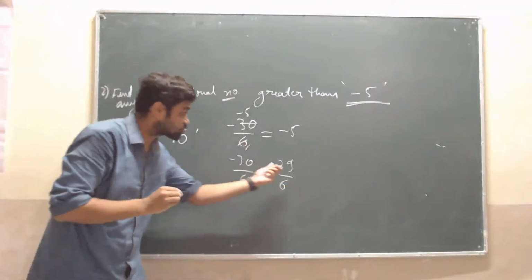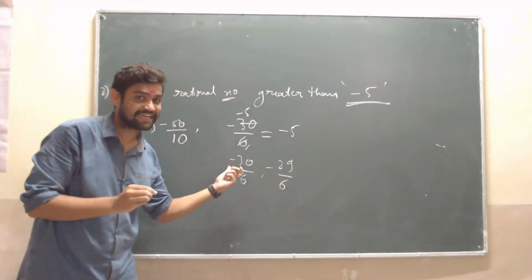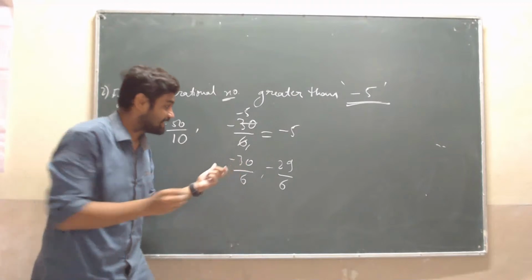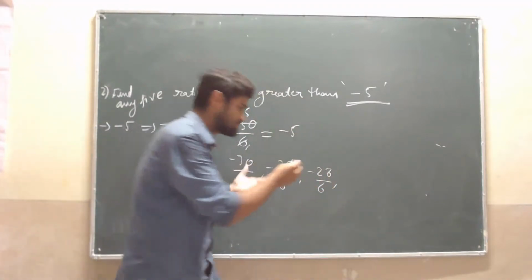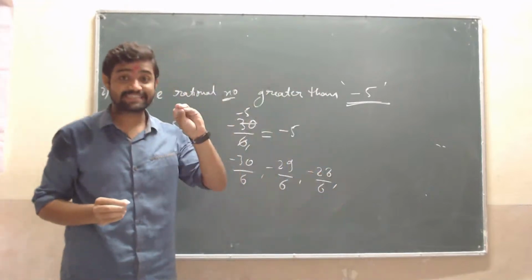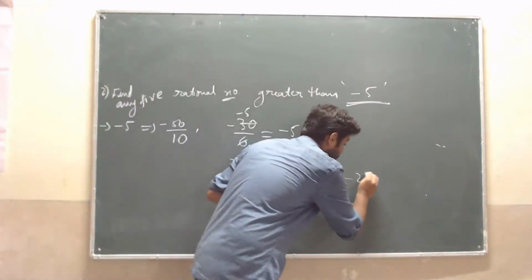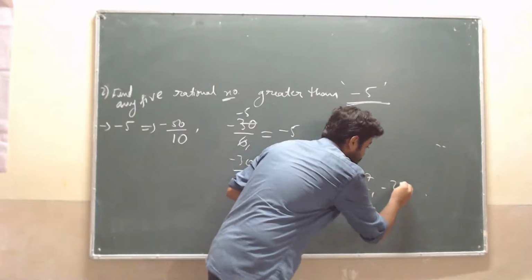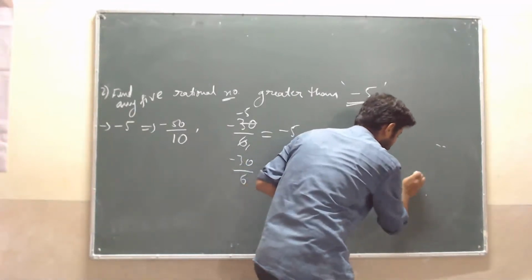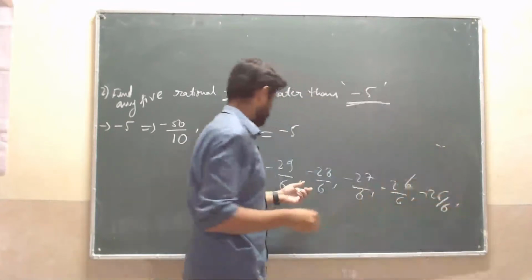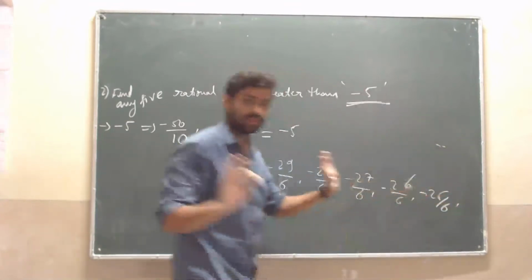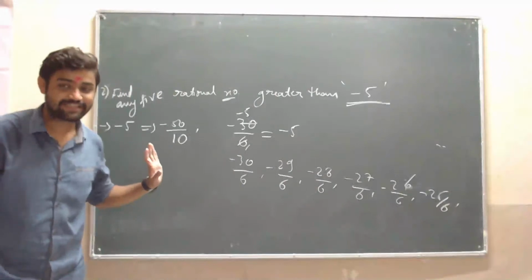Yes, minus 29 is greater than minus 30. Then minus 28 by 6, minus 27 by 6, minus 26 by 6 and minus 25 by 6. 1, 2, 3, 4, 5. That is enough.